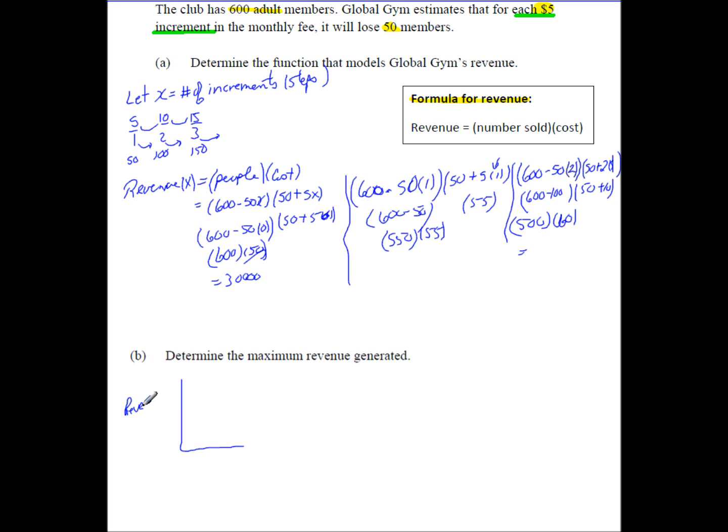So revenue, and x is the number of increments. Well, let's work our equation right now. So it's in standard form. So revenue. Up here we had 600 subtract 50x times 50 plus 5x. So we'll multiply the 600 to everything inside.